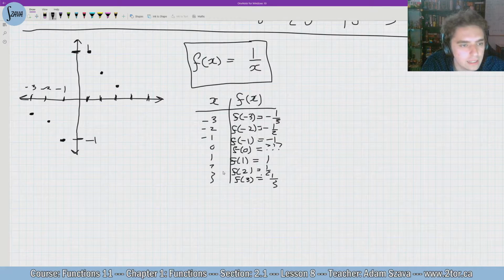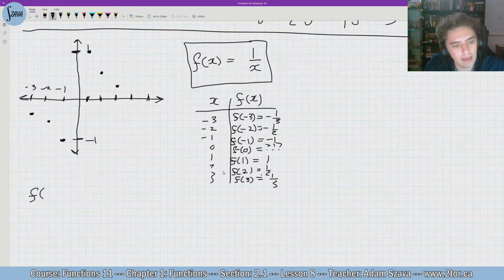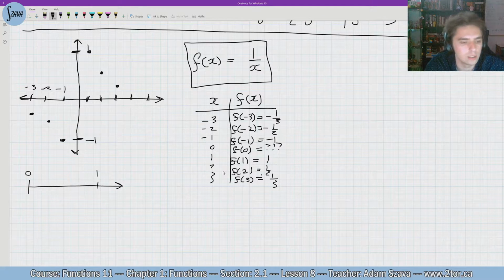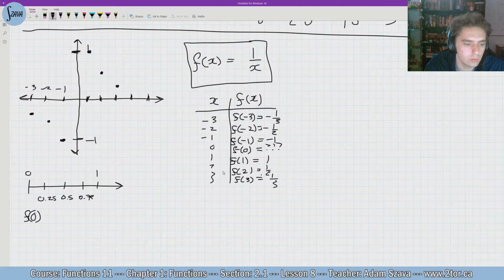But what I want to take a look at is, what about numbers between 0 and 1? Here's our number line, there's 0, there's 1. What if I did f of 1/4, 1/2, and 3/4? So 0.25, 0.5, 0.75. F of 0 was question mark.